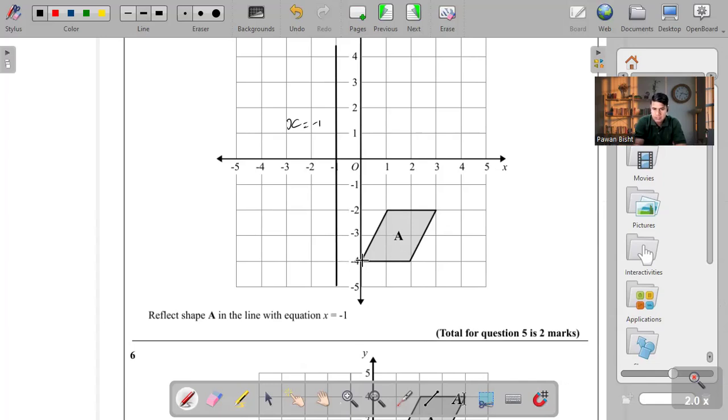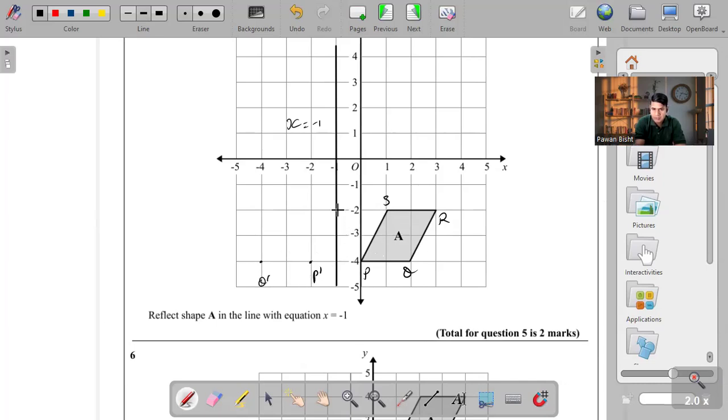So see, this point is 1 unit right, so 1 unit left. I name it PQRS. P is 1 unit right, so from this line 1 unit left, P dash. This Q is 1, 2, 3, 3 units right from this line, so 3 units left from this line, Q dash.